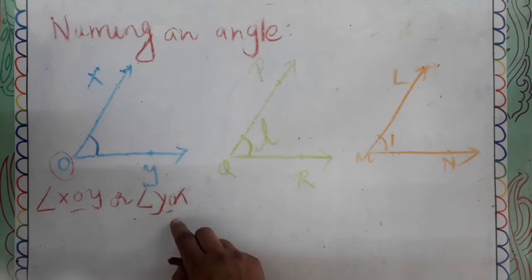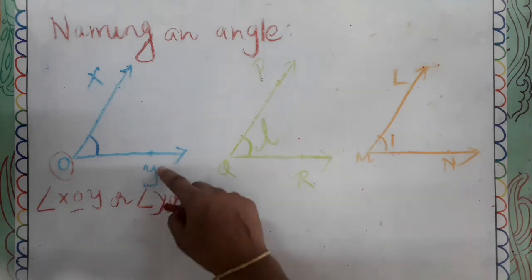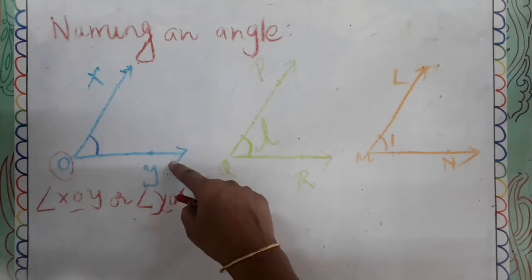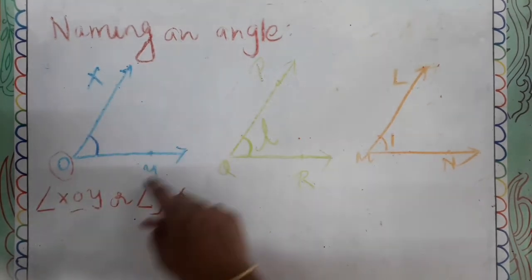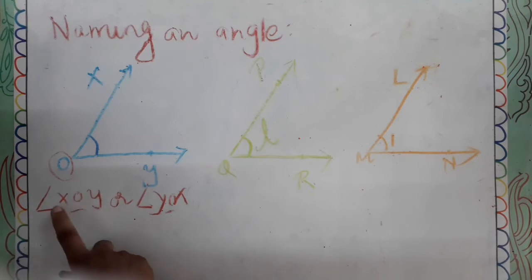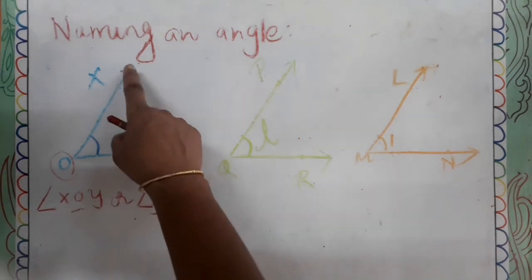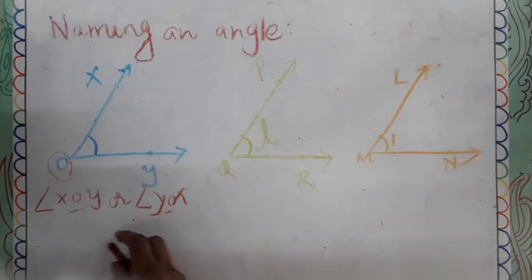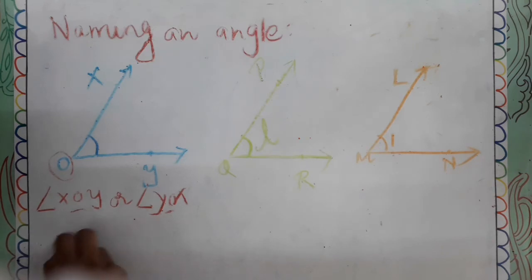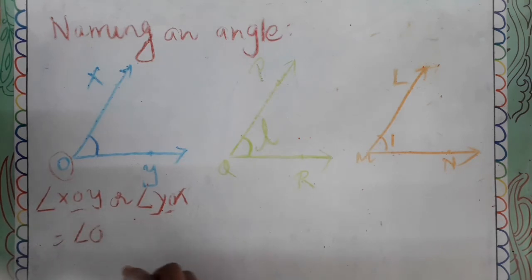When you name the angle, the vertex should be the middle letter, and any 2 points on the arms of the angle are written as the 2 extreme letters. That is, X and Y are written on either side of O. So it becomes either XOY or YOX. This can also be written as only angle O. That is, only the letter at the vertex of the angle can also be used to name the angle.